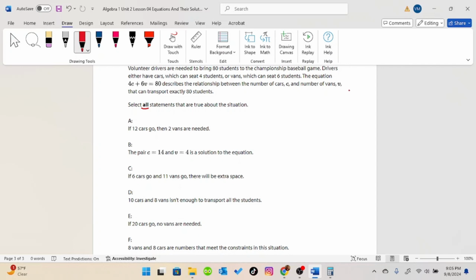Well, cars represents C, and vans is represented by V. So we're going to take 12 and substitute that where we have C, and we're going to take 2 and substitute that where we have V. And if this is true, then it would equal 80. 4 times 12 is 48, and 6 times 2 is 12. 48 plus 12 is 60, and 60 does not equal 80.